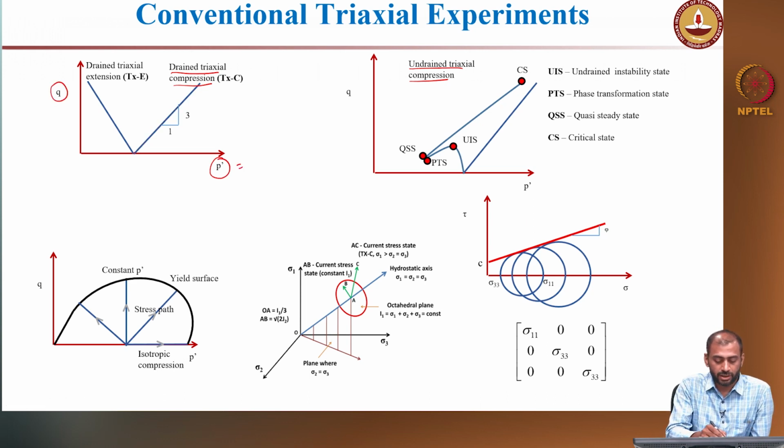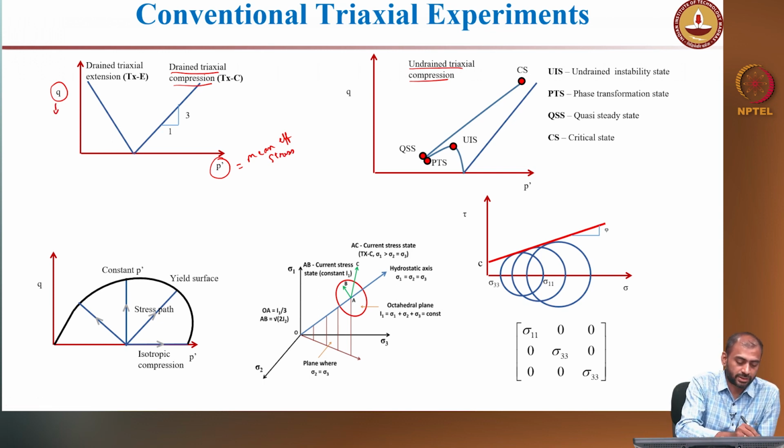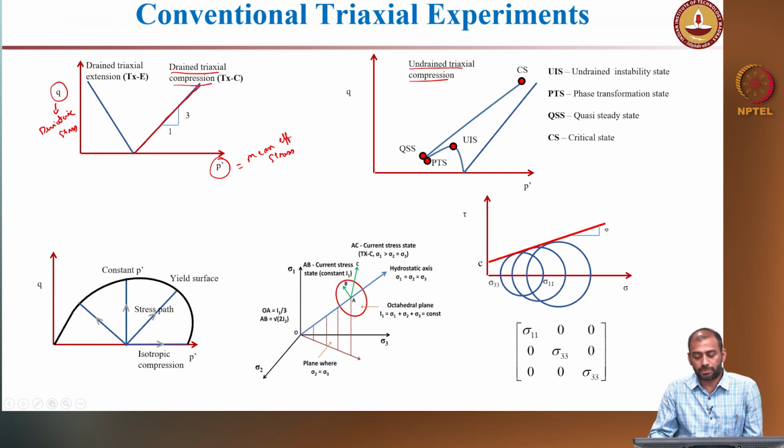This is the mean effective stress, and this is the deviatoric stress. When you move on this particular line, the total stress path will always make a slope of about 3.